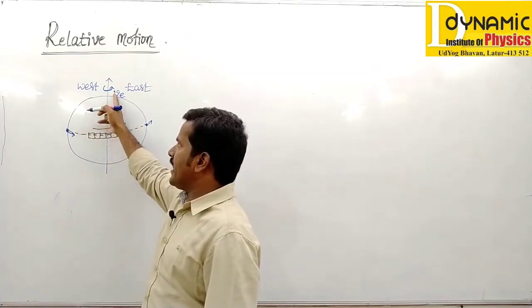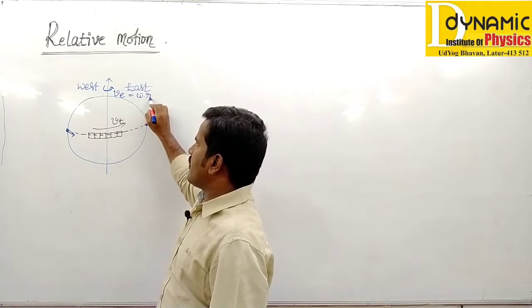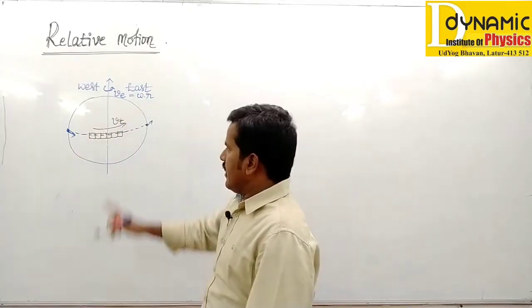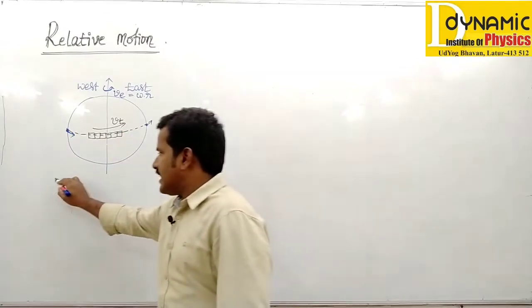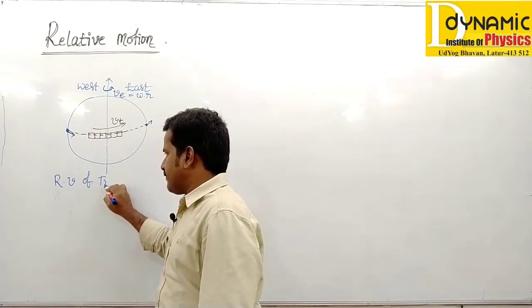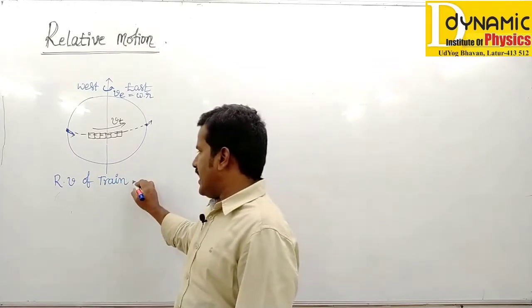Angular velocity omega into r gives the velocity of Earth at the equatorial region, and the velocity of the train is Vt. We want the relative velocity of the train with respect to Earth.